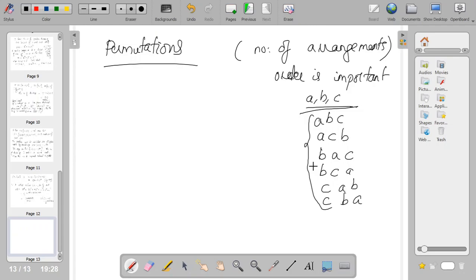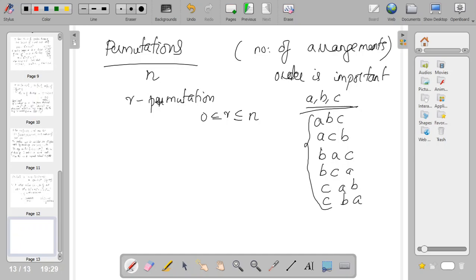Now given n distinct objects, we will look at what is called an R permutation, where you have 0 less than or equal to R less than or equal to n. Now by an R permutation you mean the number of ways of selecting and arranging R objects out of the total n objects.